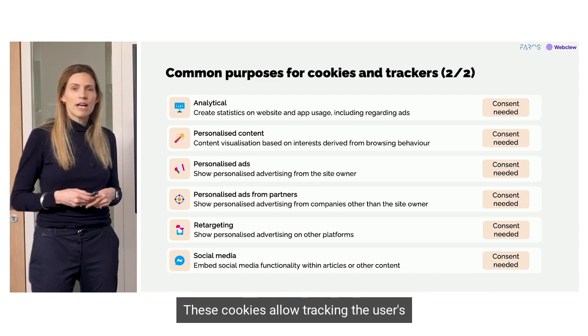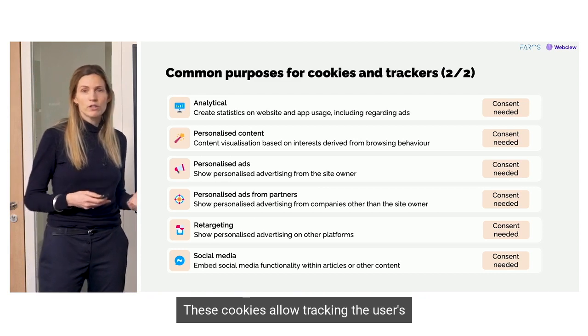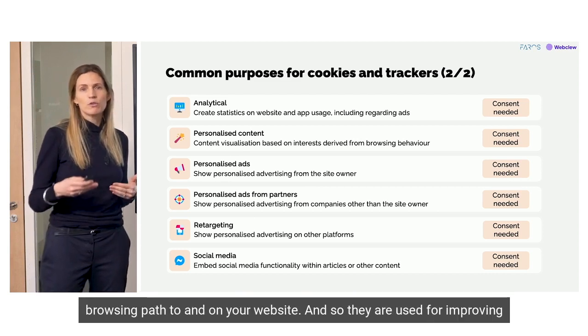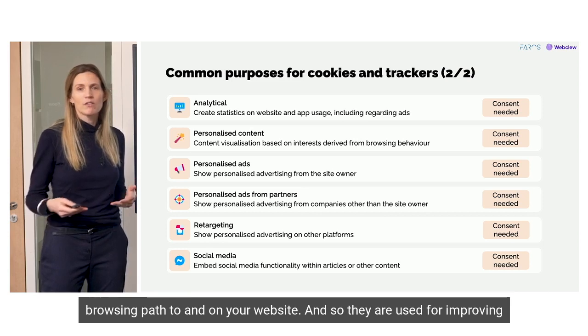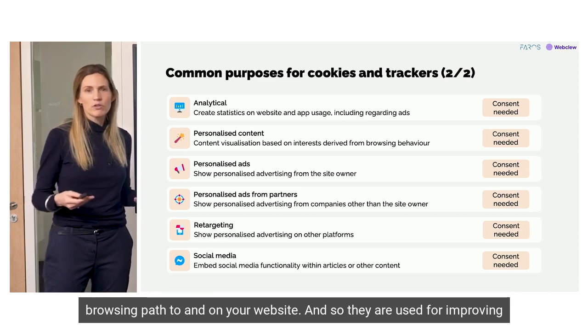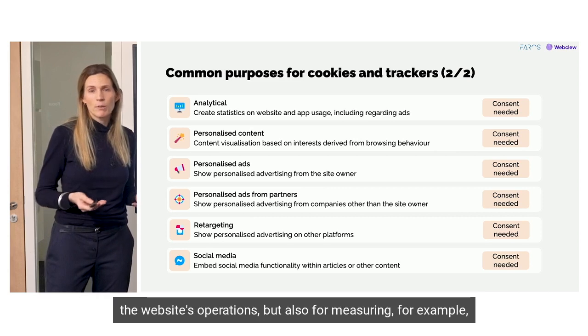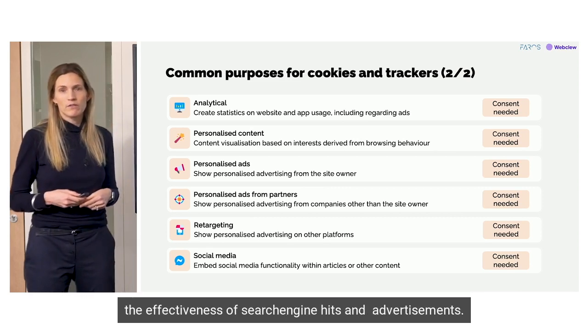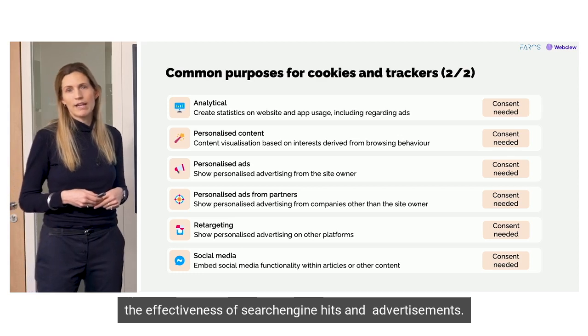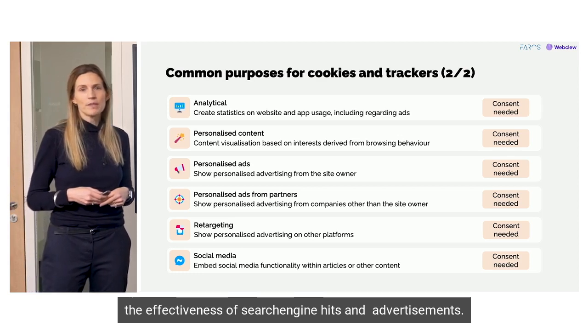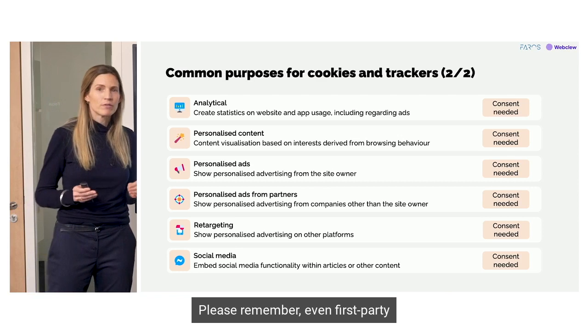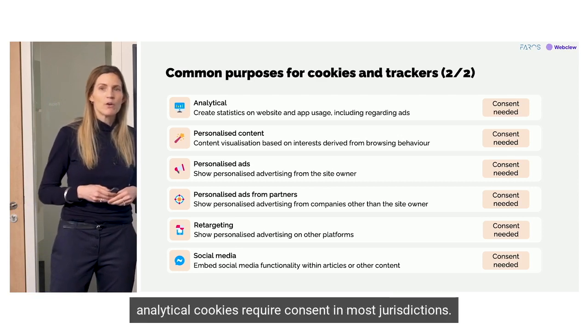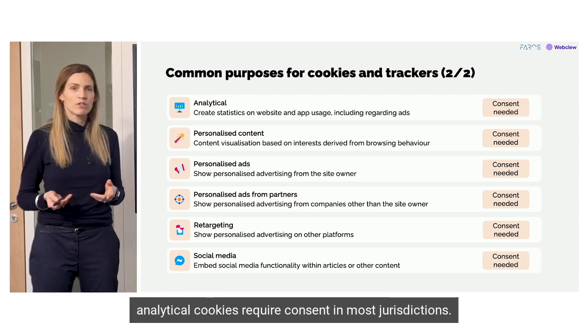These cookies allow tracking the user's browsing path to and on your website. And so they are used for improving the website's operations, but also for measuring, for example, the effectiveness of search engine hits and advertisements. Please remember, even first-party analytical cookies require consent in most jurisdictions.